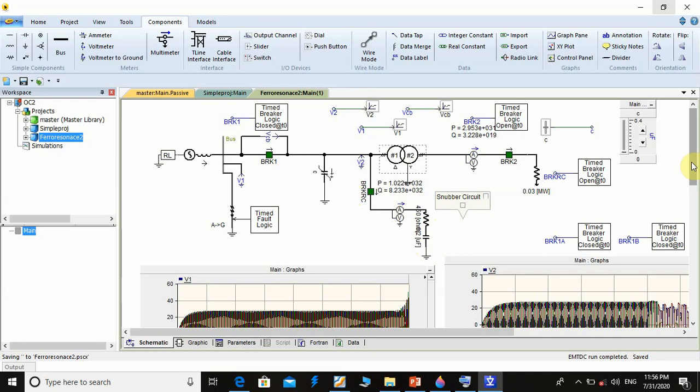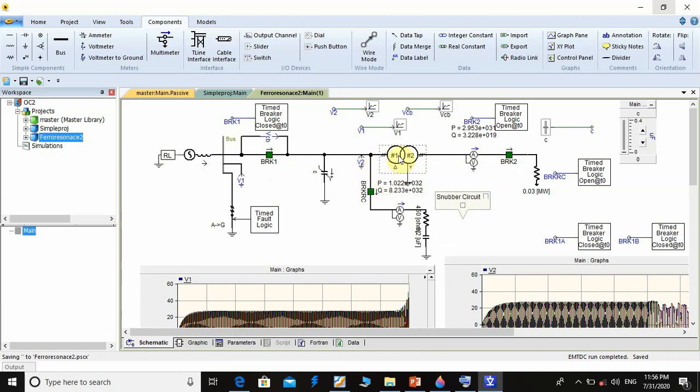Okay, what I want to do here is to know what happens when this transformer is de-energized by the upstream circuit breaker, when the transformer is at no load.